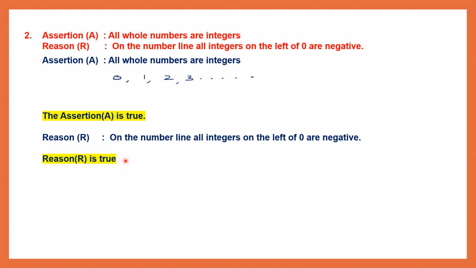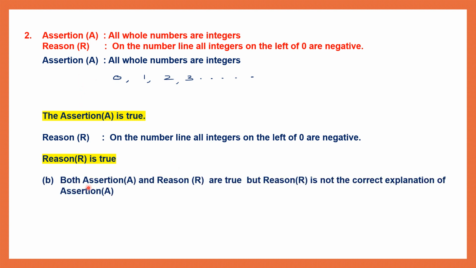Assertion is true, reason is true. But is this reason an explanation for this assertion? This reason says all the integers on the left of 0 are negative. Here it's an entirely different thing. What does the assertion say? All whole numbers are integers. So this is not an explanation for this assertion. Both are true, but reason R is not an explanation of the assertion. So here we choose option B.